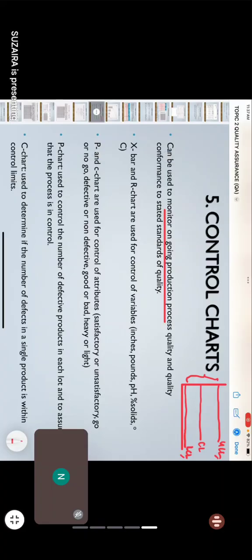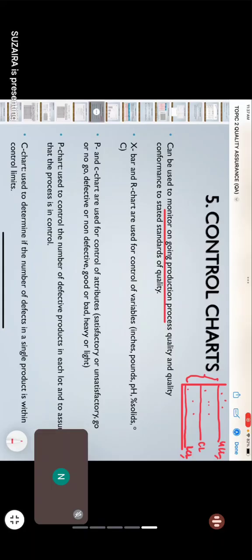So what happens if we produce a bad product? Bad product means that we have outliers over the UCL. For example, here, this is our product, one product or two products, based on how many pieces we take for the sampling process.